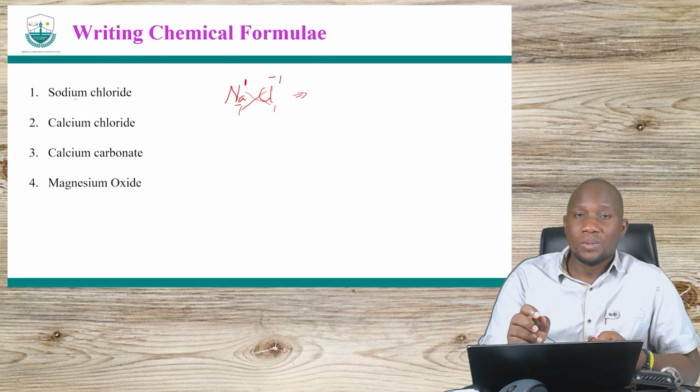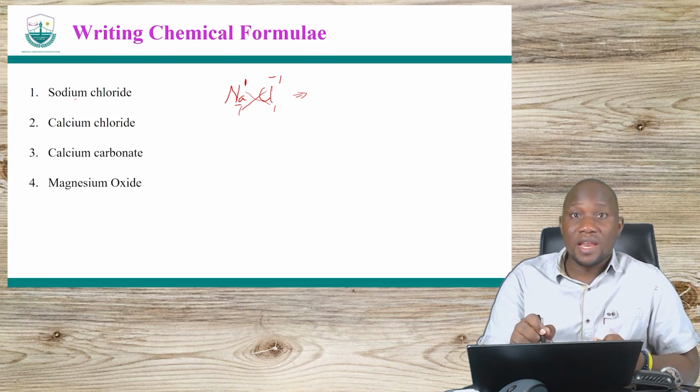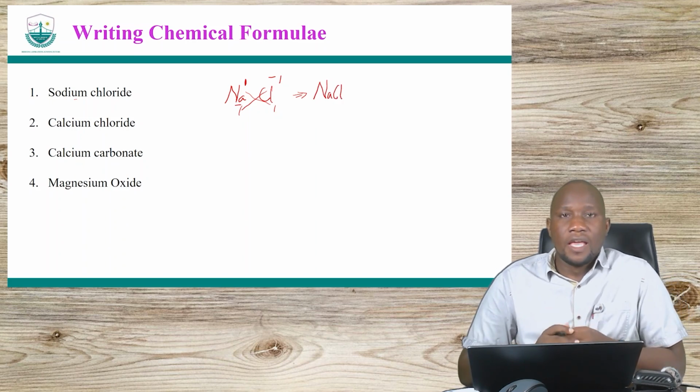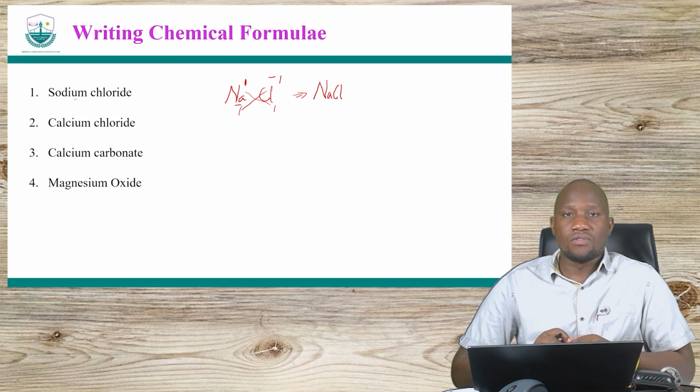But remember the rule, never write a 1 in the chemical formula. So therefore we have sodium chloride like that. That's the chemical formula for sodium chloride.